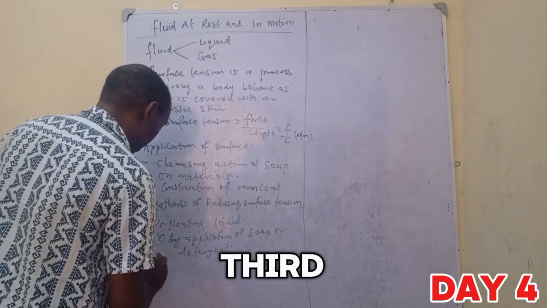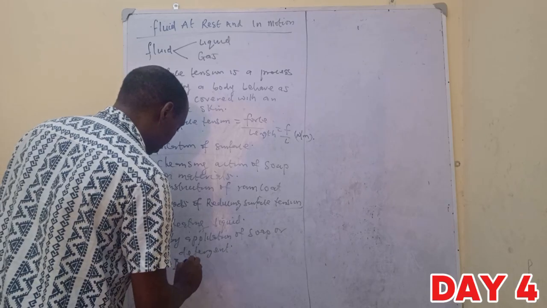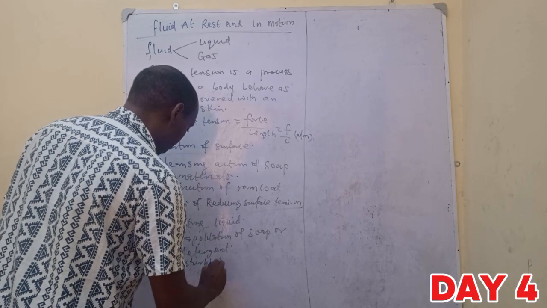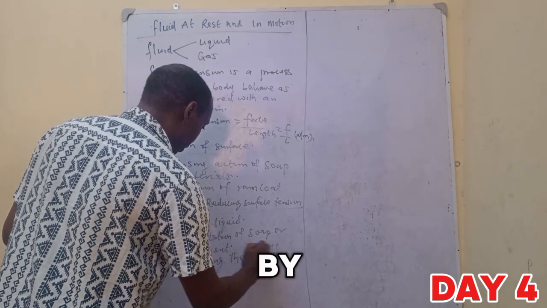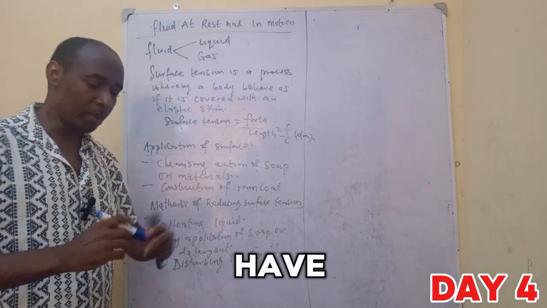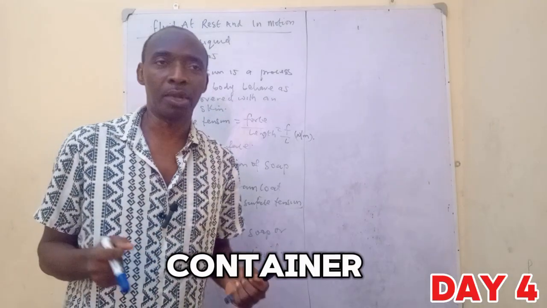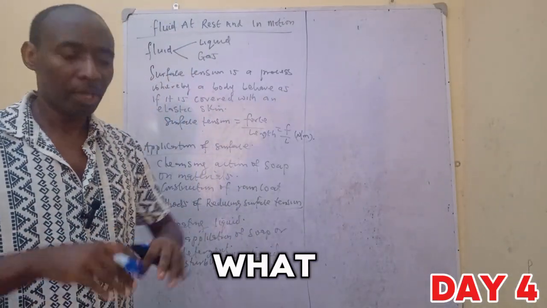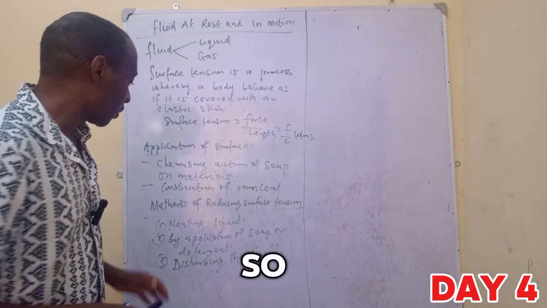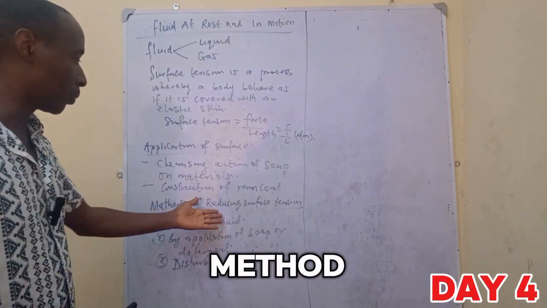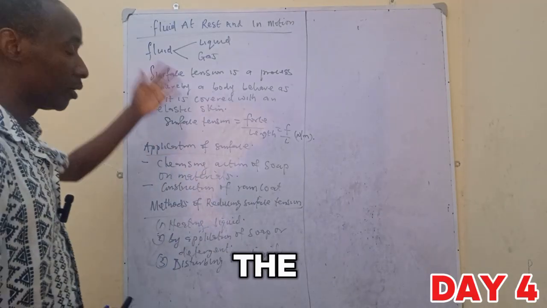The third method is by disturbing the liquid. When you have a liquid settled in a container and you continue to shake the container, it reduces the surface tension of the liquid. So these are methods you can use to reduce surface tension.